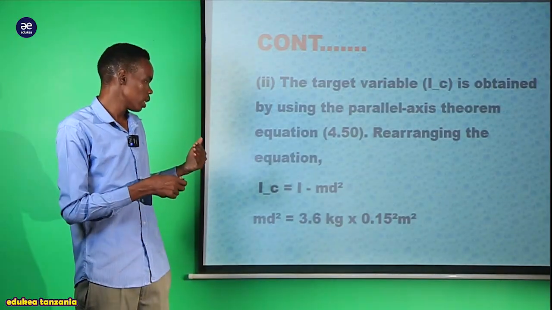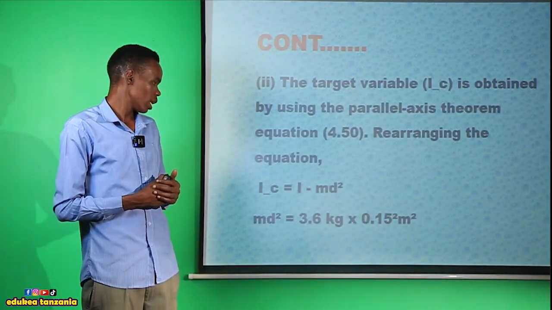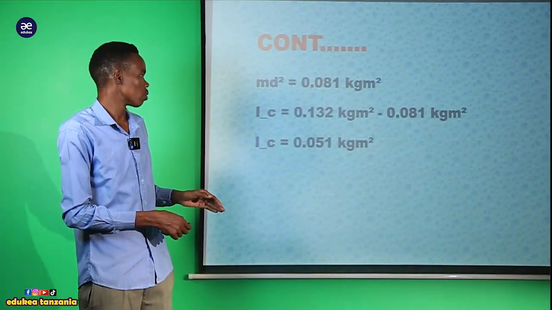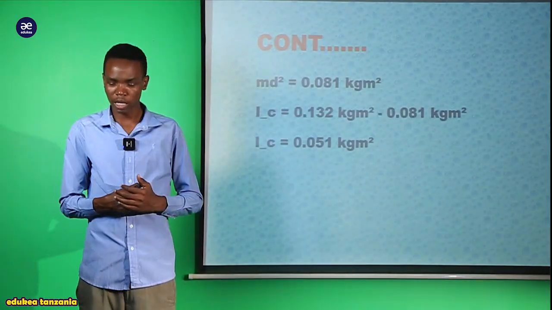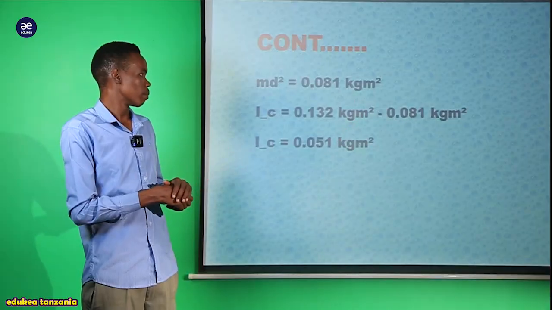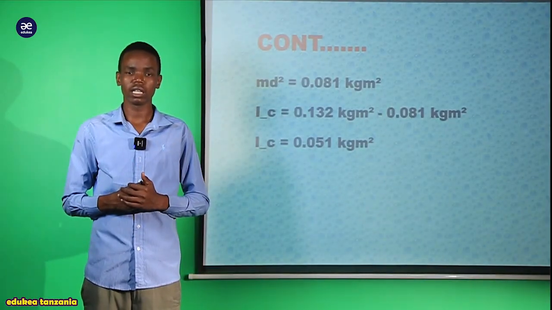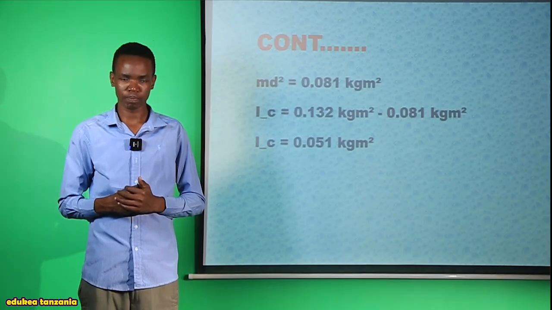Now if we substitute, we obtain that first of all md squared should be equal to 0.0181 kilogram meter squared. This is the product of the mass and the distance squared.